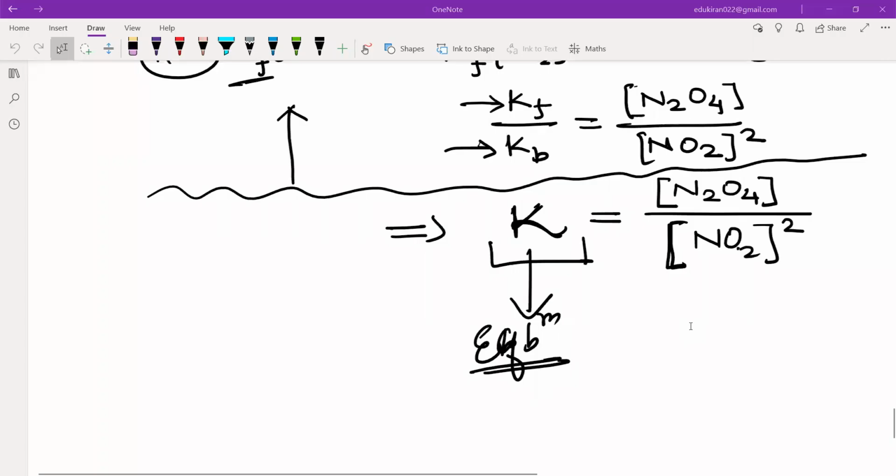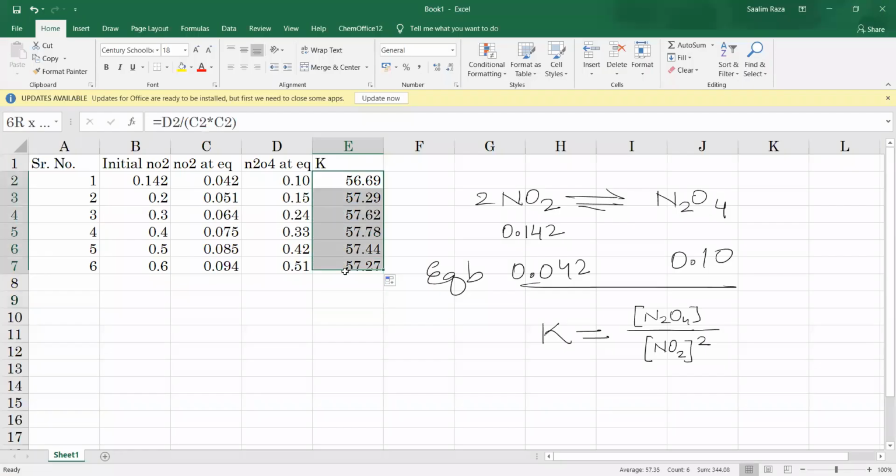Sir, will there always be slight differences? Yes, those slight differences that you saw, 56.69 then 57.29, that much. See, if I ask you to draw a line of 5 centimeter, will you be able to draw it accurately, 5 centimeter exactly?